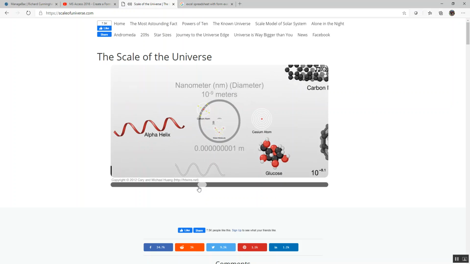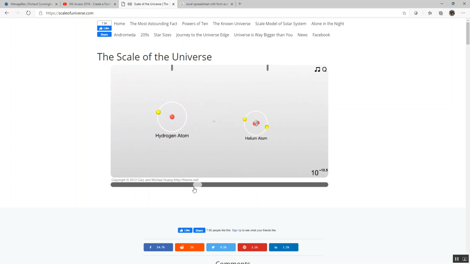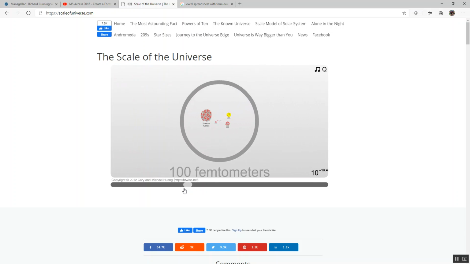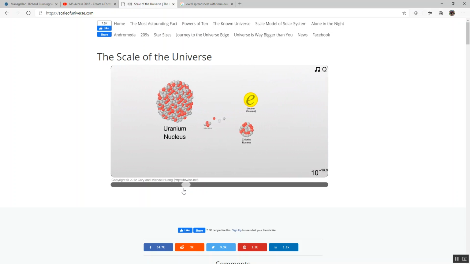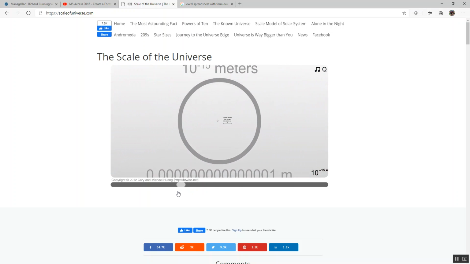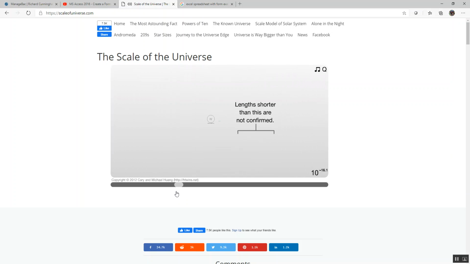All right, if we keep going, we're going to go a bit quicker because a lot of this stuff we've covered. We've got atoms, gamma ray wavelength, a uranium nucleus. How small is uranium?